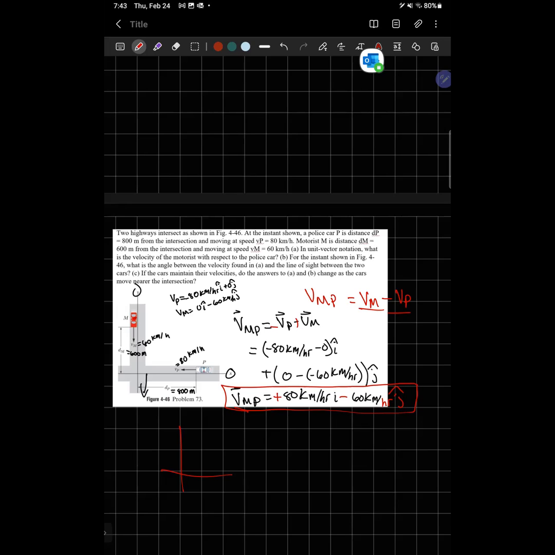What is the angle between the velocity found, which is this? Would it not be 0? Yeah, it'd be 0. Can anybody tell me why?